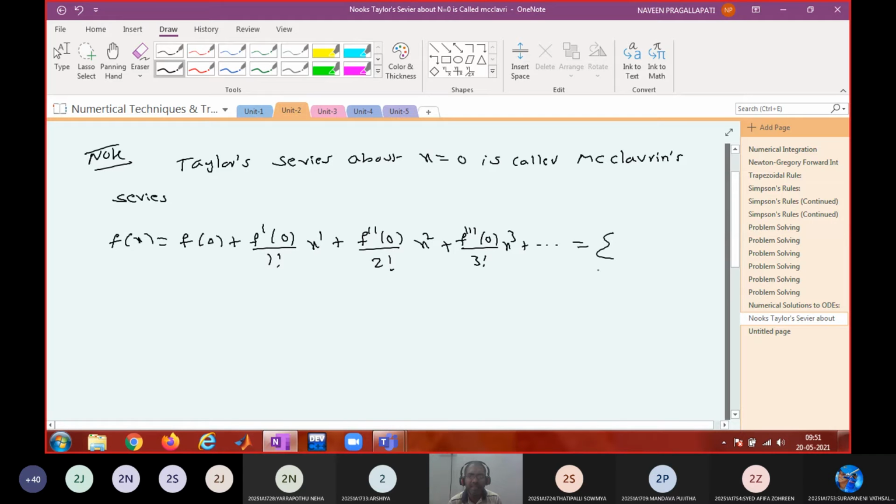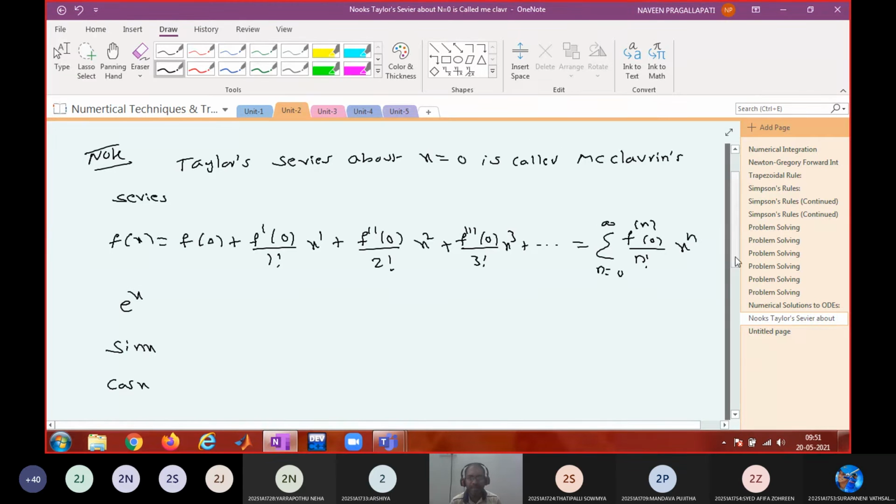So simply this is nothing but the sum from n equal to 0 to infinity, nth derivative at 0 by n factorial into x power n. So that is how you got expansions for e power x, sin x, cos x, log of 1 plus x.